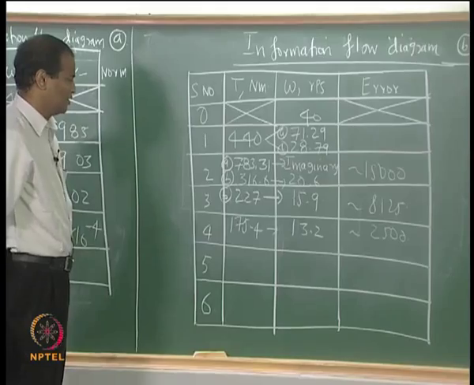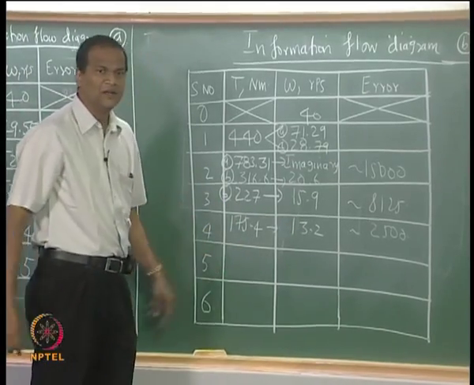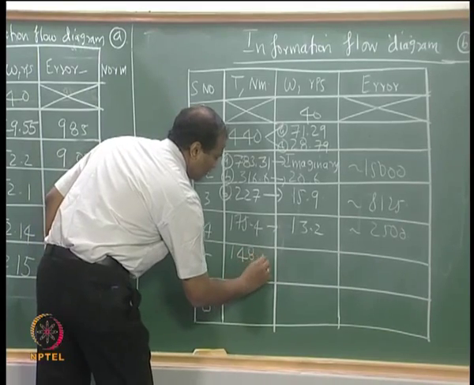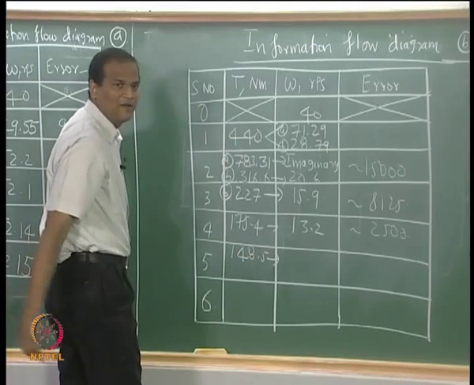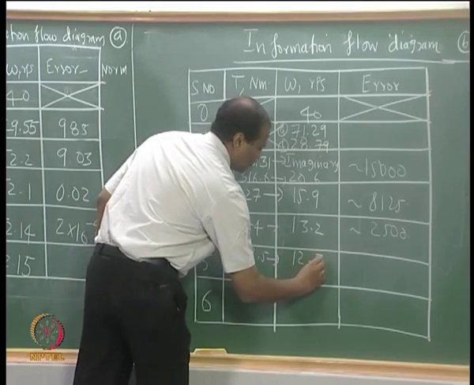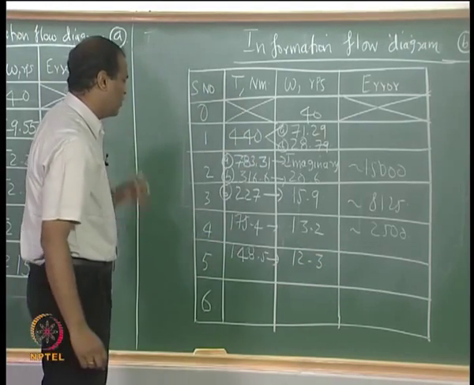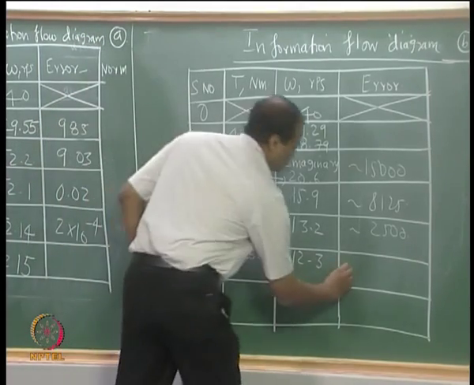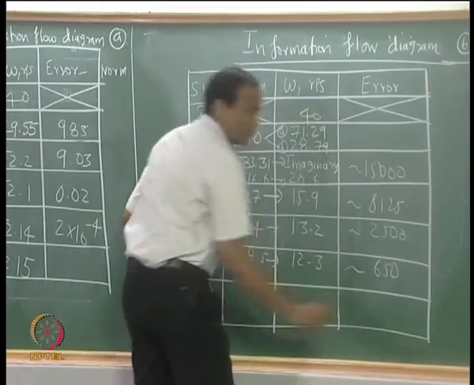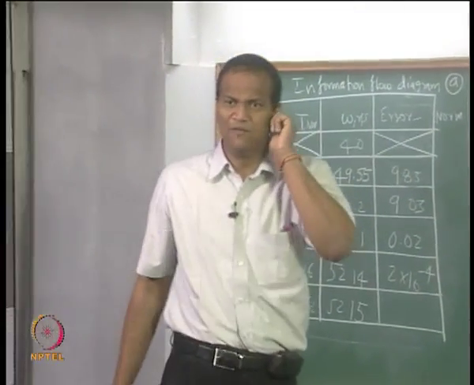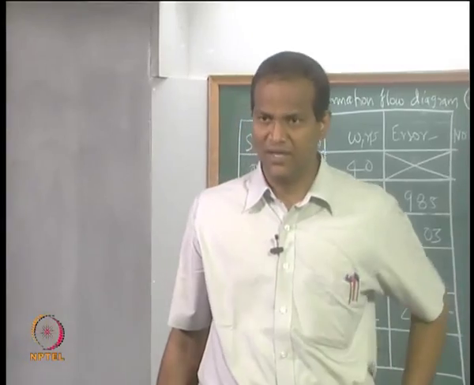Okay, 13.2 will give you about 150. Okay, 12.3. So how much is this? 140, 150, 25, 625, 600 and it's still way off, but it's converging much more slowly compared to the other one, right?